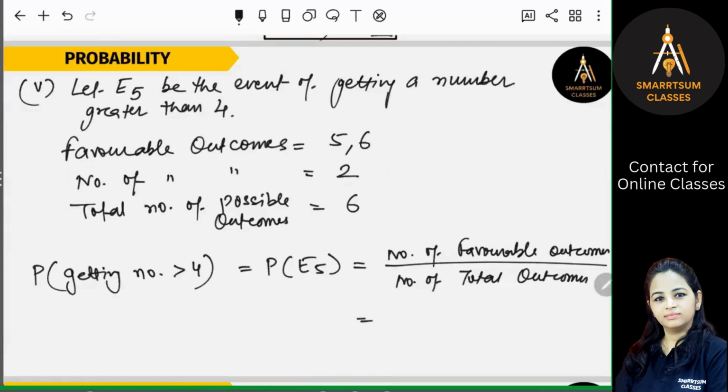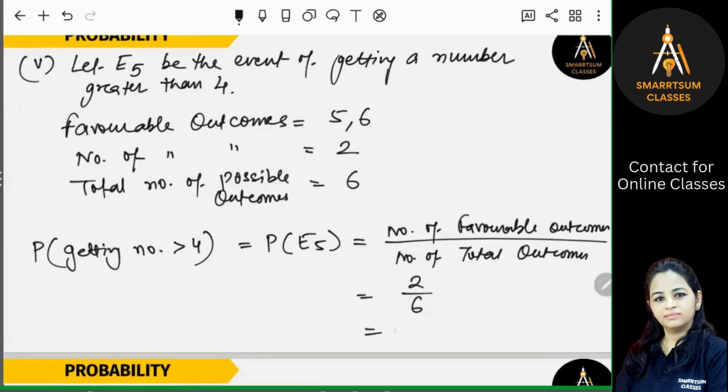The number of favorable outcomes is 2 and the number of possible outcomes is 6. So this will be equal to 2 by 6. Now you can again convert this into the lowest form. This is 1 by 3. So the probability of getting a number which is greater than 4 is 1 by 3.